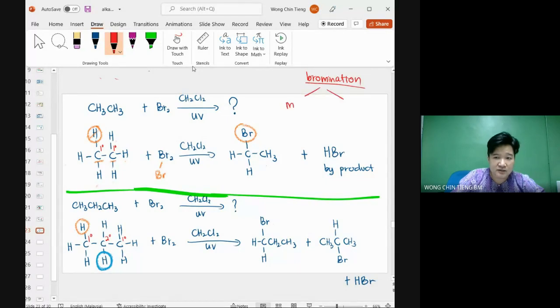Kena ada major, kena ada minor. Okay. Major product is almost 99% or more than. Minor could be less than 1%. I'll tell you why later. Kita bincang yang ni dulu.